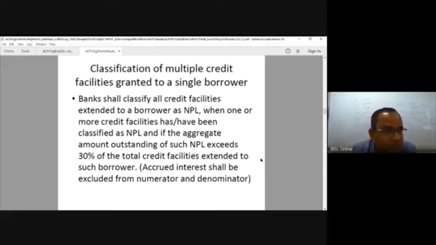For example, you have given 100 million facilities to somebody, an individual, a group, or one entity, and if more than 30 million of the facilities are non-performing, I mean, they have not been paid for more than 90 days, then when you classify those, as it is more than 30% of the total facilities enjoyed by the company, group, or individual, the entire 100 million will have to become non-performing advance. That's the meaning.